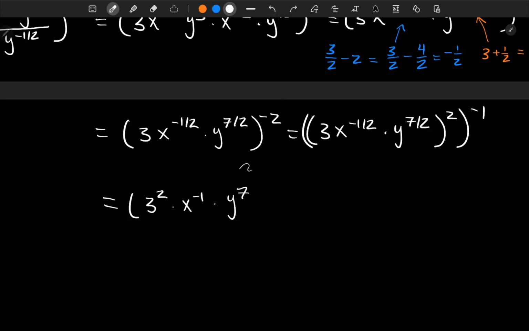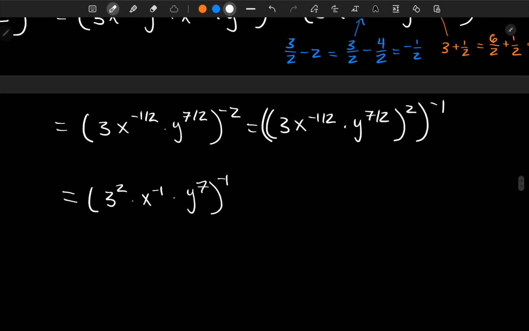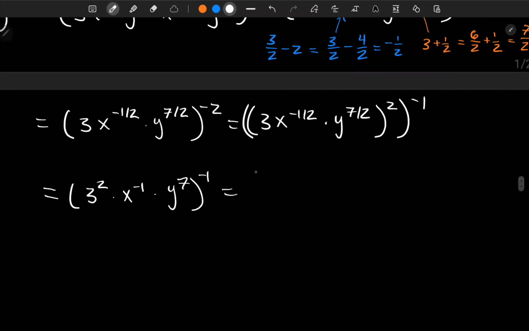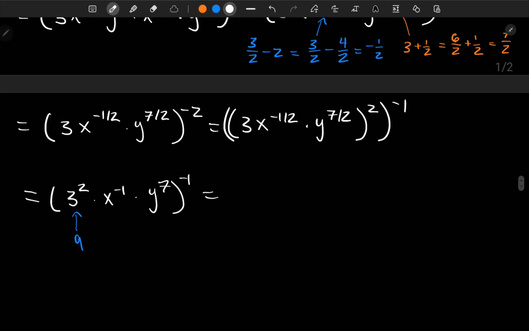So this whole thing is then raised to the negative 1 power. Well, 3 squared is 9, so this is 9, and then we just take the reciprocal of everything. So x to the negative 1 becomes x to the 1, or just x.